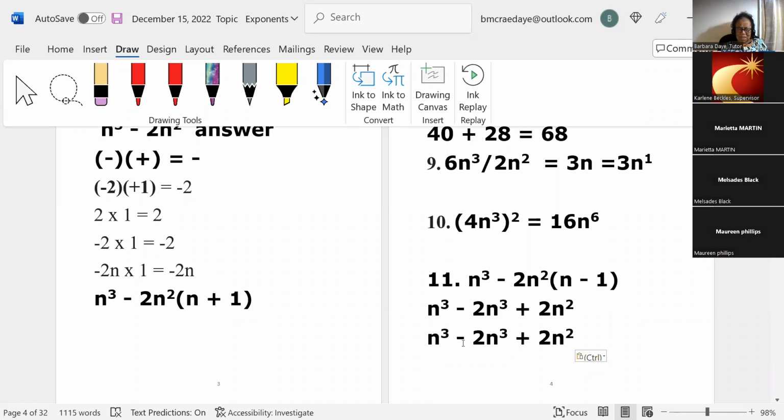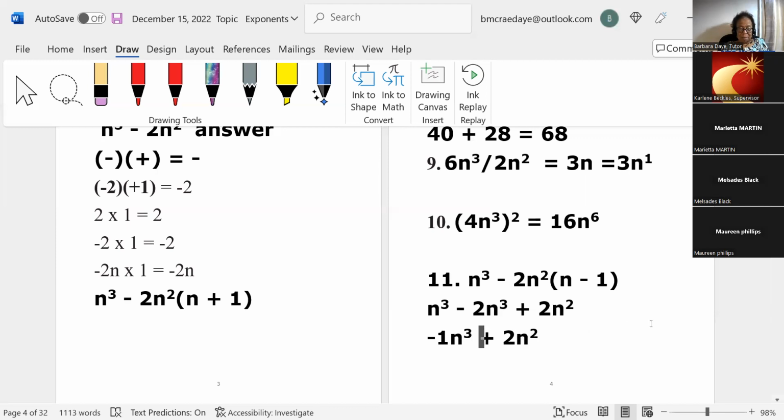This is subtraction, so you subtract the coefficients. What's a plus 1 and a minus 2? Minus 1. Yes, this would be a minus n to the third, and then plus 2n to the second.